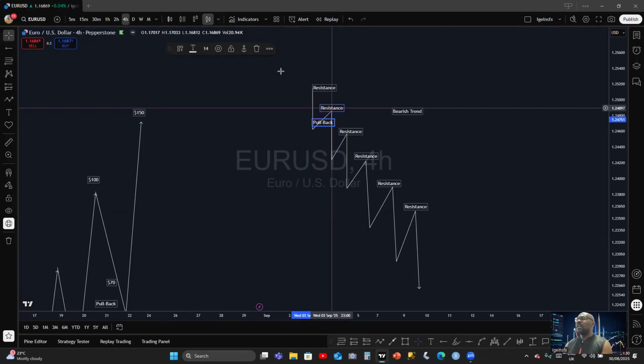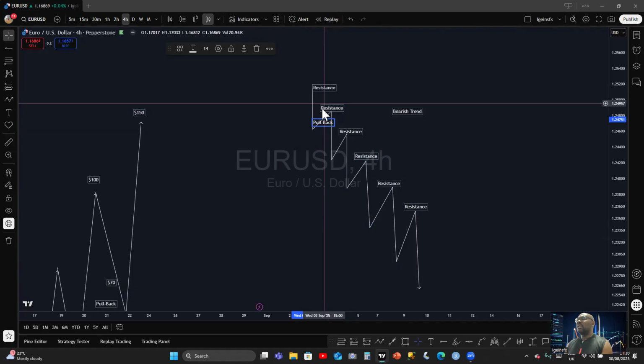Let's say, for example, $150, then price will now pull from $50, price will now move to $80. Then from $80, it will now move to $95.